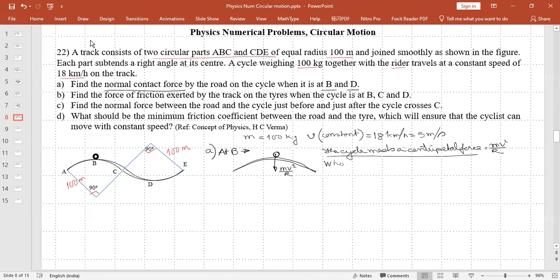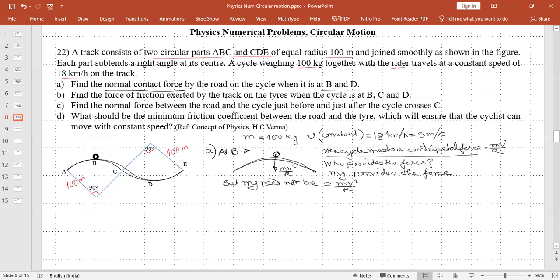The cycle needs the centripetal force mv square by r. So who provides the force? We write then mg provides the force. But mg need not be equal to mv square by r.